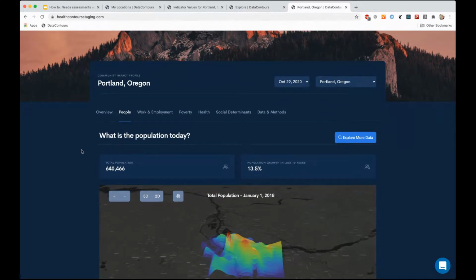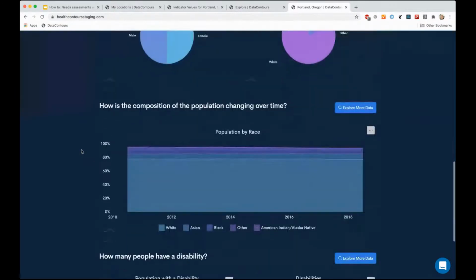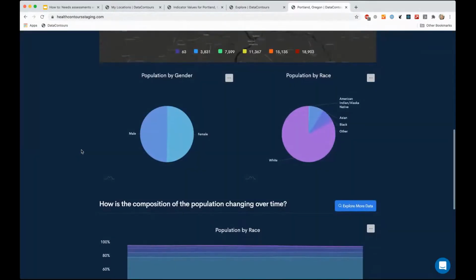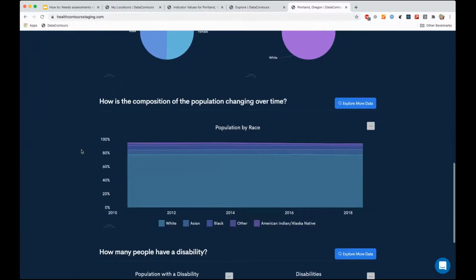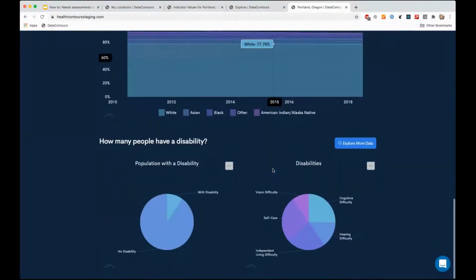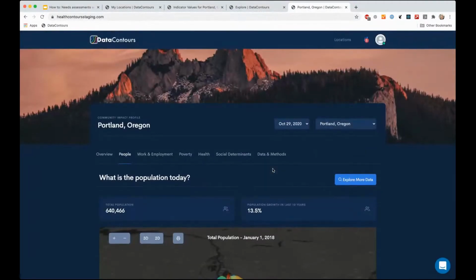So within the people tab, this is the overall demographic breakout. So we've got gender, population by race, change over time, and population growth, and then disabilities. The typical sort of demographic information most needs assessments need to include at the beginning.